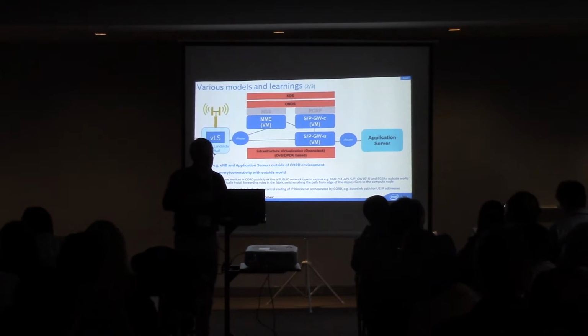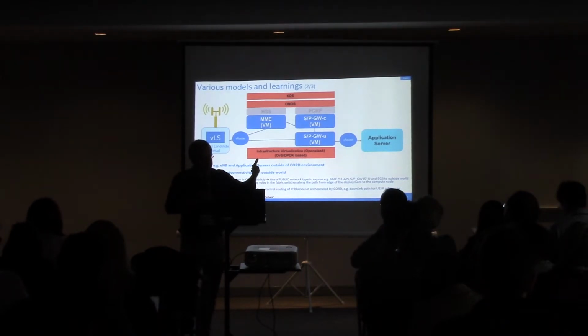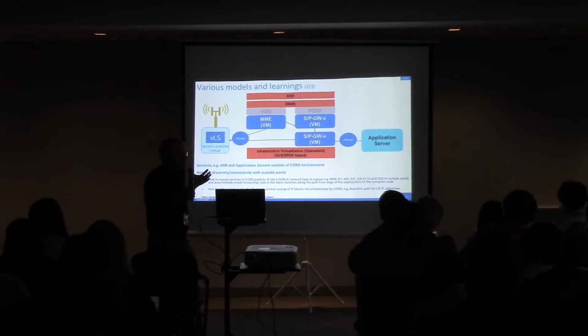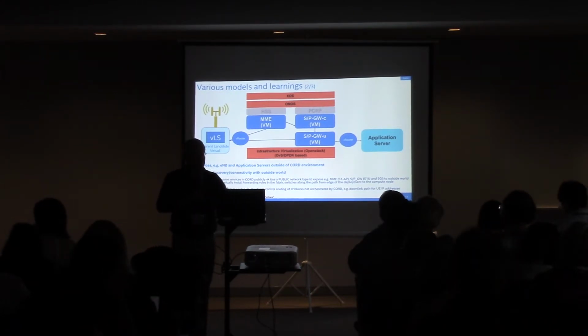But it would be nice to automatically expose these other IP addresses, like you see, S1-AP, which is between the eNodeB and the MME. In this case, the MME here is inside CORD, and the eNodeB is outside of CORD, right? So we need to expose these addresses. And same with the SPGW, S1-U, and SGi, right? This information needs to be exposed to the outside world.